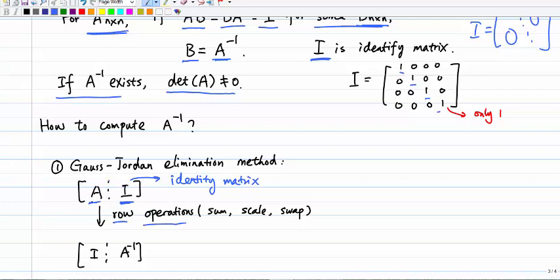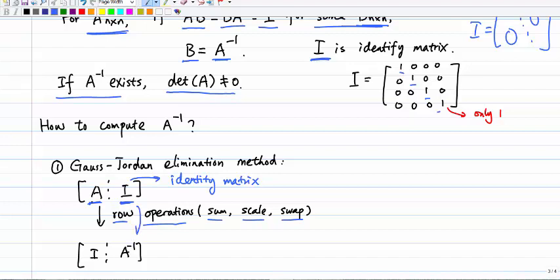You use the dashed vertical line to separate A and I. The goal is to do operations such that the left-hand side, A, becomes the identity. So what you do are row operations: row sum, row scale, and row swap. That's fine. You continue until the left-hand side of this dashed line becomes the identity. Whatever the right-hand side becomes, you do the same operations on both sides, of course.